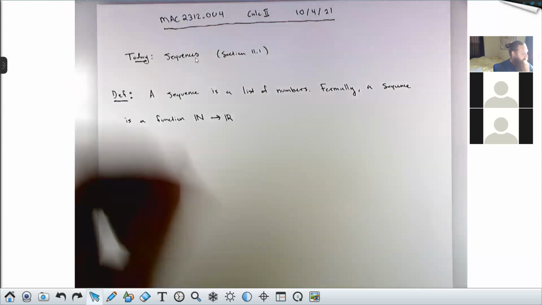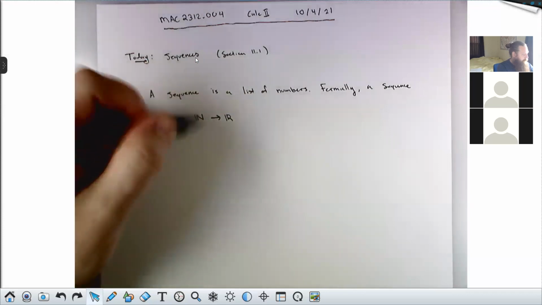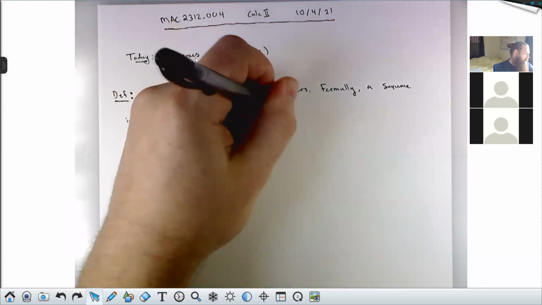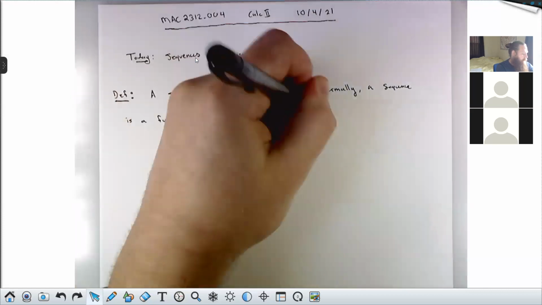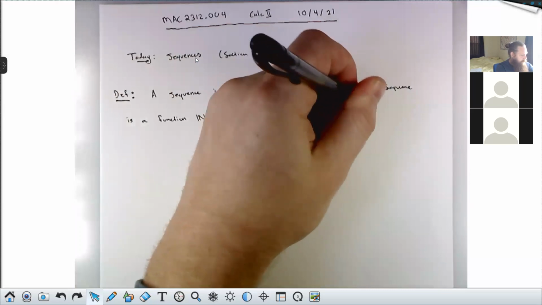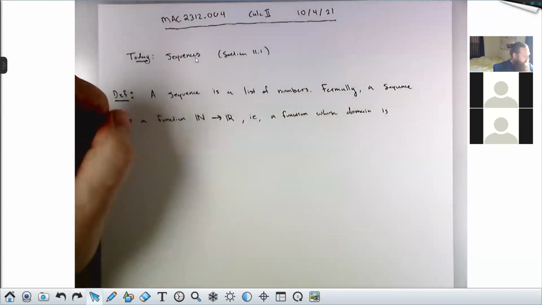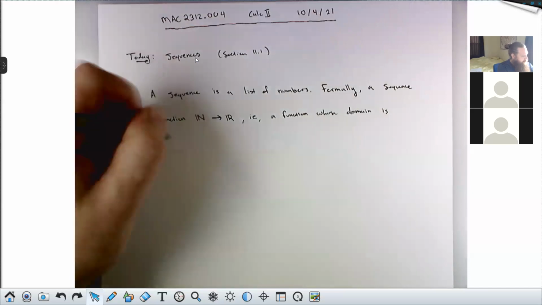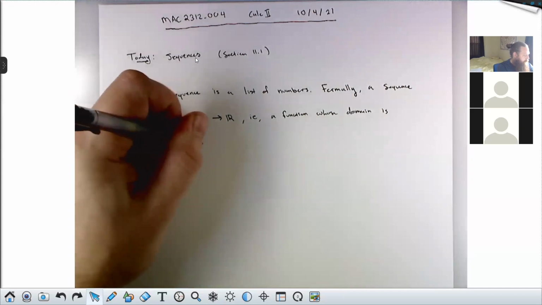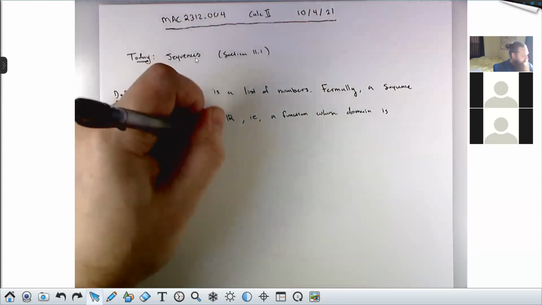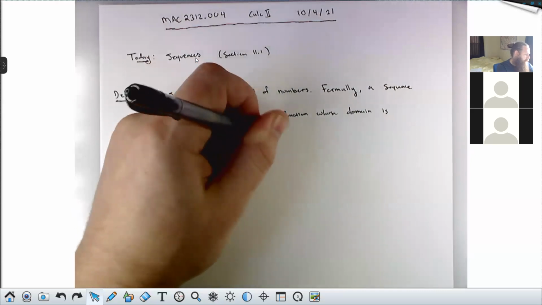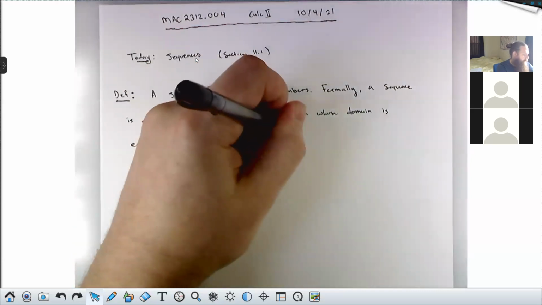All right, a function whose domain is either the set 0, 1, 2, 3, and so on, or just 1, 2, 3, and so on.